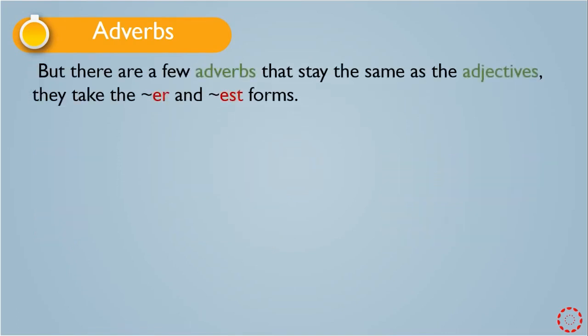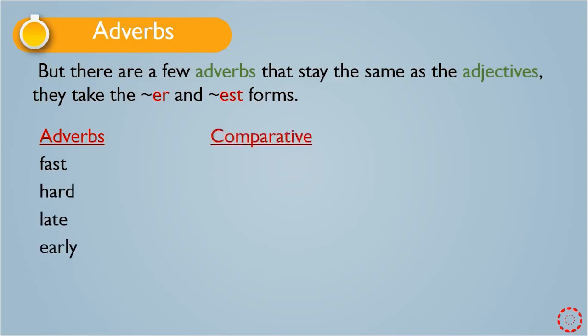But there are a few adverbs that stay the same as the adjectives. They take the er and est forms. It means they take er for the comparative and est for the superlative form. Look at these examples. These are adverbs: fast, hard, late, and early.